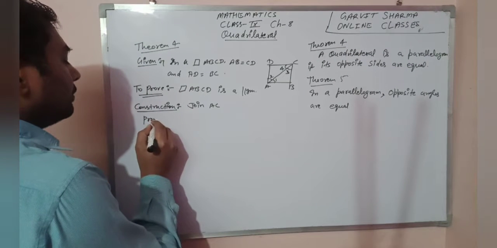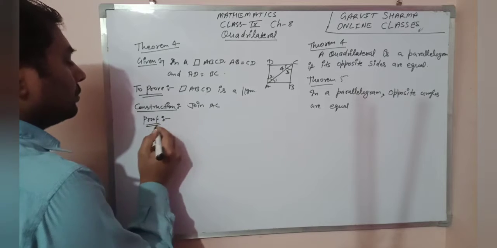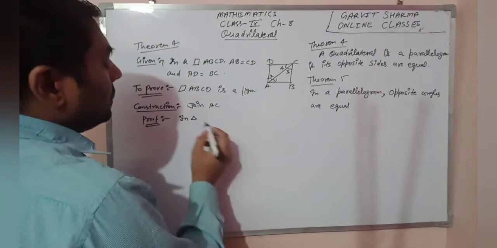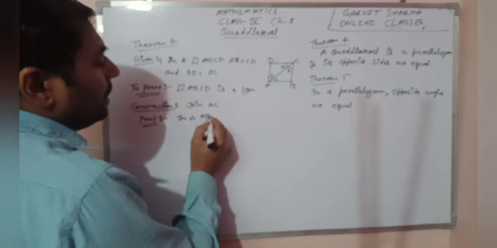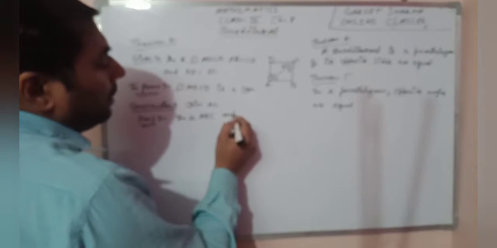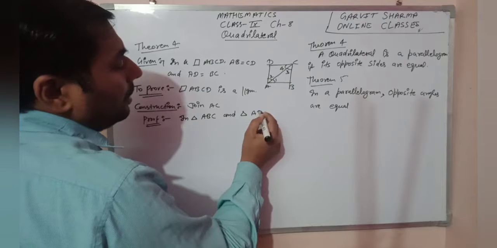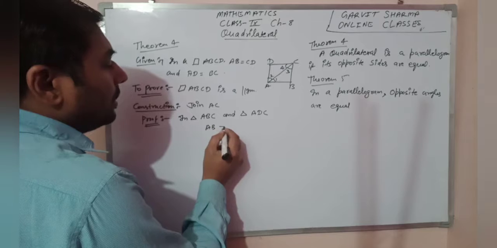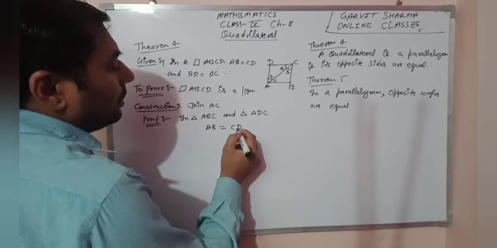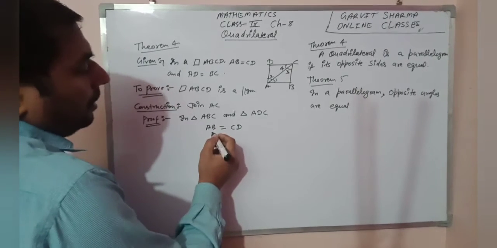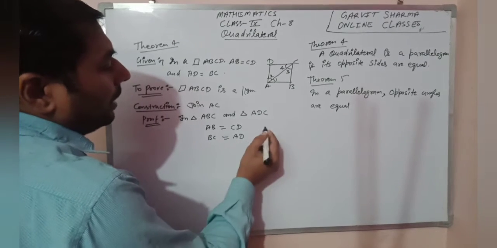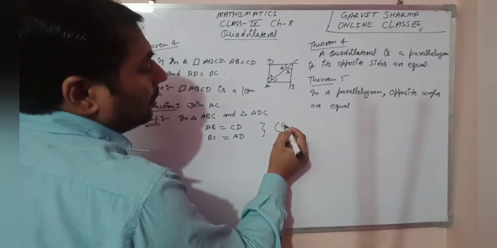Proof. We will take two triangles, ABC and ADC. In triangle ABC and triangle ADC, AB is equal to CD and AD is equal to BC, both given.